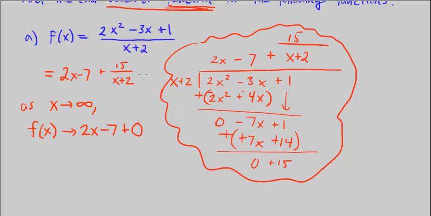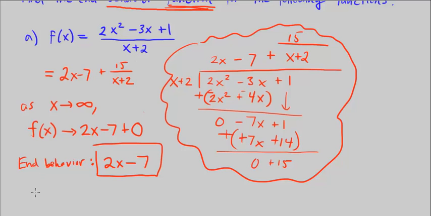So the function is not going to be paying attention to this at all, because it becomes 0. So the end behavior function is just going to be 2x minus 7. So end behavior is 2x minus 7, because it's basically going to look like the line 2x minus 7 as x approaches infinity.